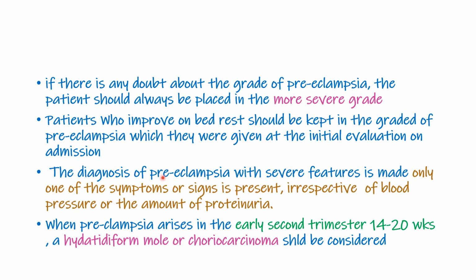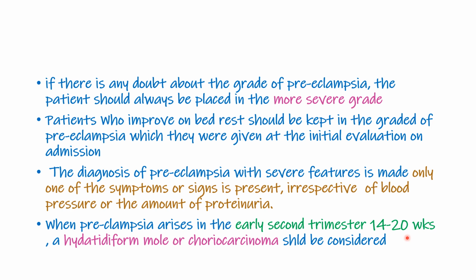And then the diagnosis of preeclampsia with severe features is made if only one of the symptoms or signs is present, irrespective of the blood pressure or the amount of proteinuria. This statement means that severe preeclampsia can be diagnosed if there are severe signs or symptoms, irrespective of the blood pressure or proteinuria. So when preeclampsia arises in the early second trimester, that is 14 to 20 weeks, then you should be suspicious. How did we define preeclampsia?